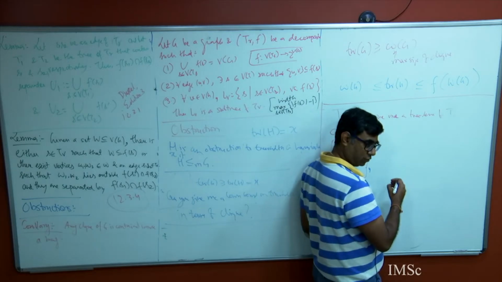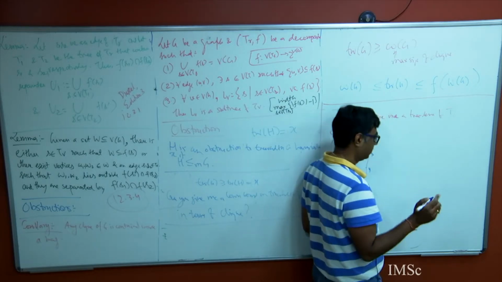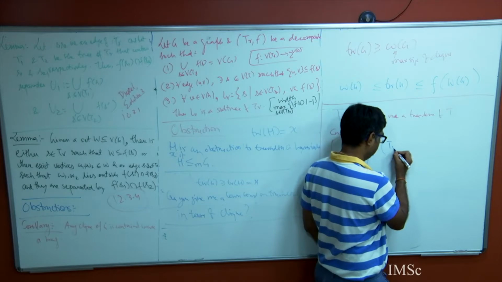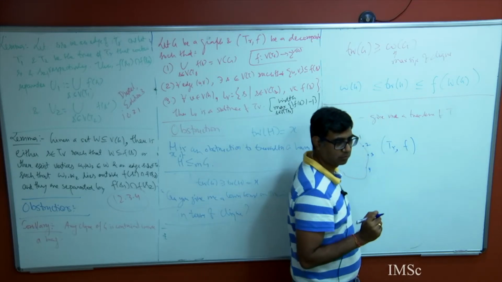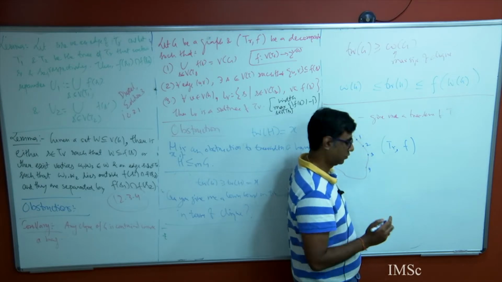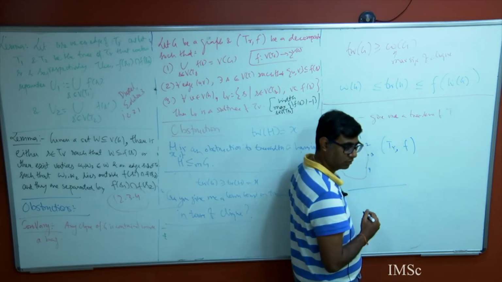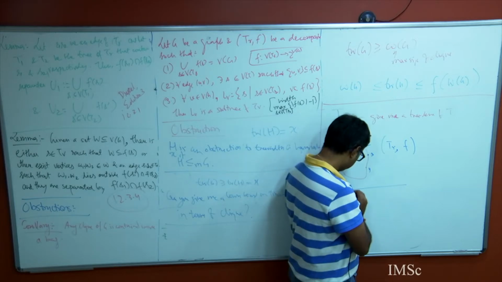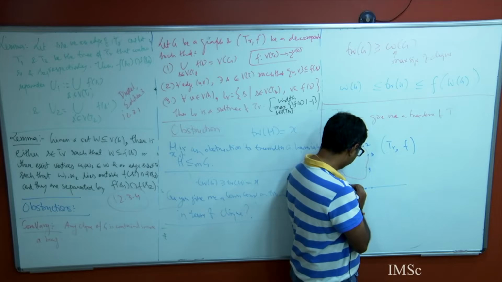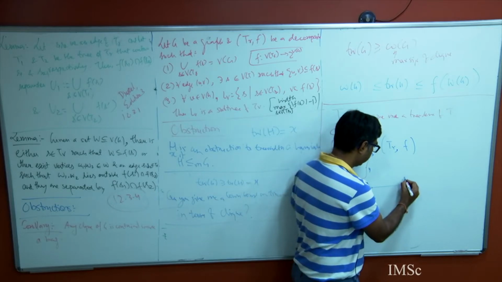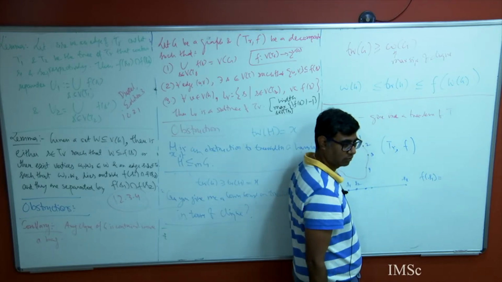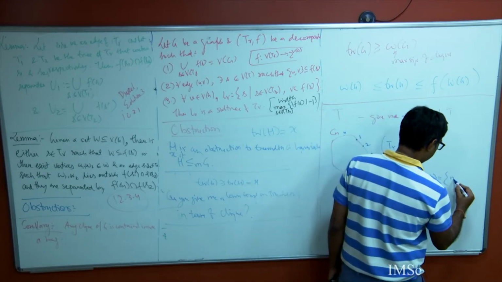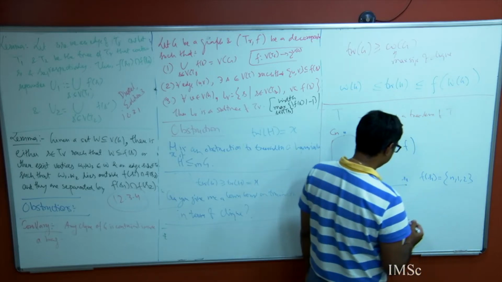So look, you have to give me two things: a tree rooted at something and a function f. So what is your tree? Make a path, S1, S2, up to SL. Tell me what is f of S1. It is n, 1, 2.